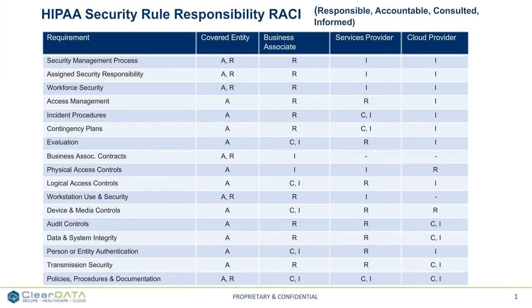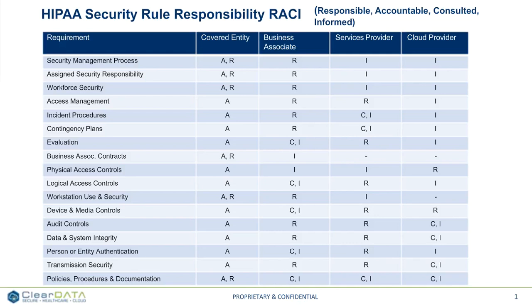So going to slide 30, what I wanted to do here was present to you a HIPAA security rule RACI. So RACI is really a diagram of who's responsible, who's accountable, consulted, and informed. These are the basic elements of the HIPAA security rule.